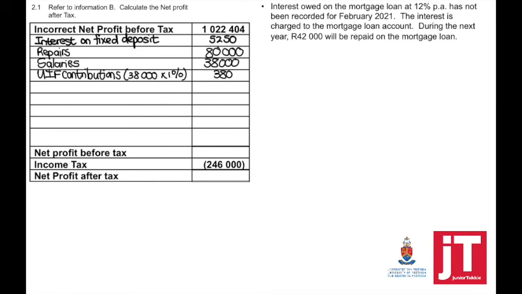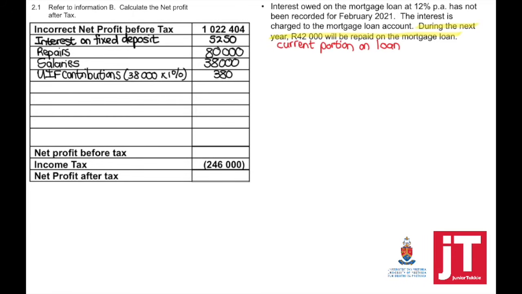Interest owed on the mortgage loan at 12% per annum has not been recorded for February 2021. It means it's still outstanding. The interest is charged to the mortgage loan account, which means it's added to the loan account. During the next year, 42,000 will be repaid on the mortgage loan.